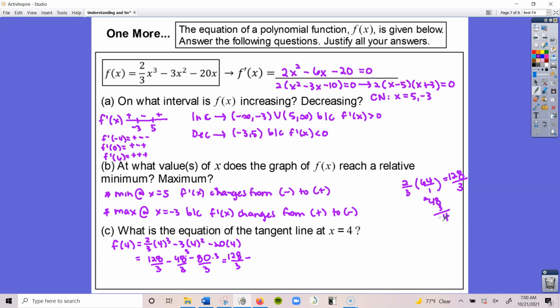This is 144. So minus 144 over 3 minus 80 times 3 is 240 over 3.